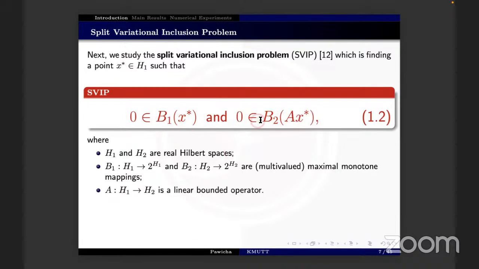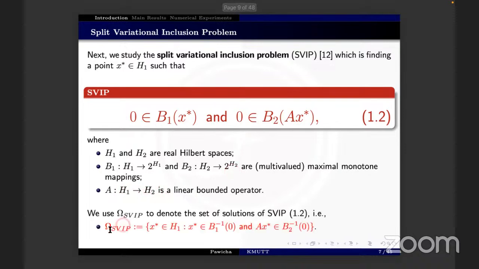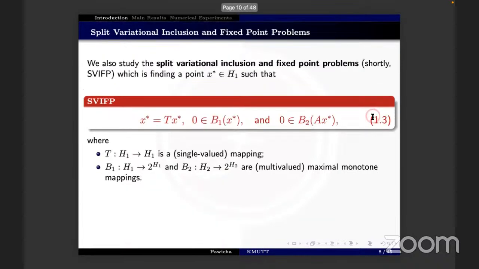Here B1 and B2 are maximal monotone mappings, which are multi-valued mappings, and A is a bounded linear operator from Hilbert space H1 to H2. We use Omega SVIP to denote the solution set of problem 1.2.